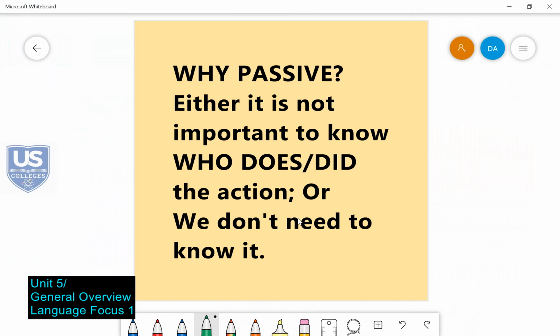If we start the topic with the question, why passive, when to use passive? Either it's not important to know who does the action, who did the action, or we don't need to know who does the action, who did the action. So in this case, we use passive. Okay?